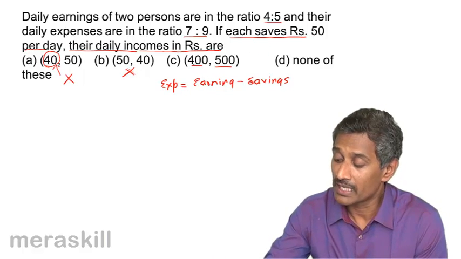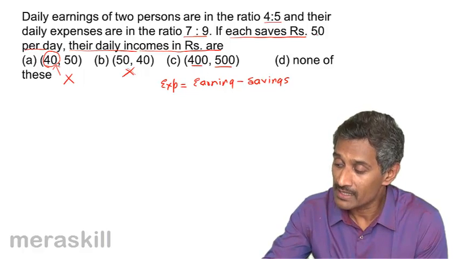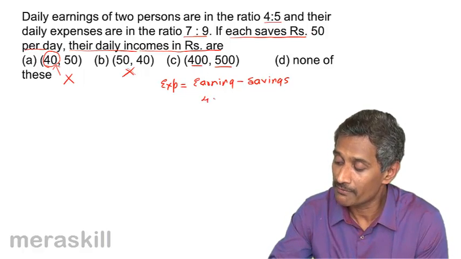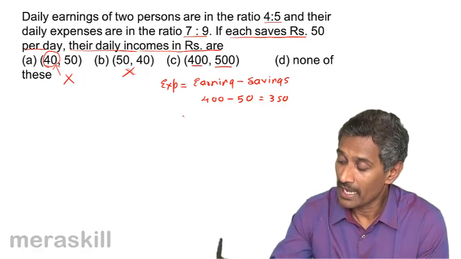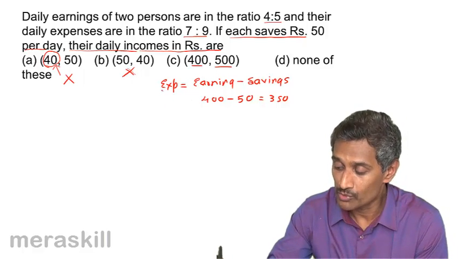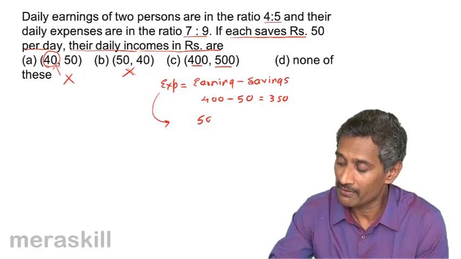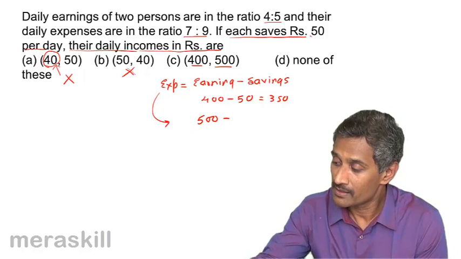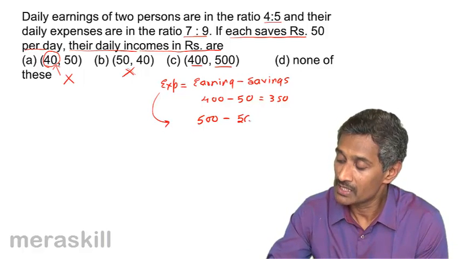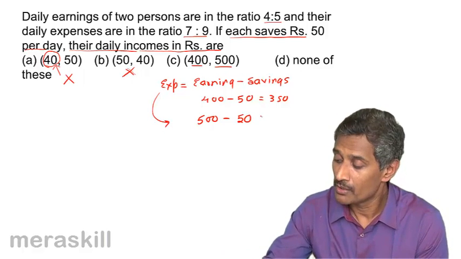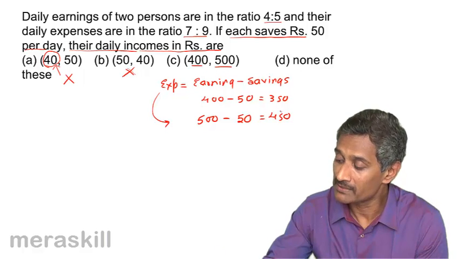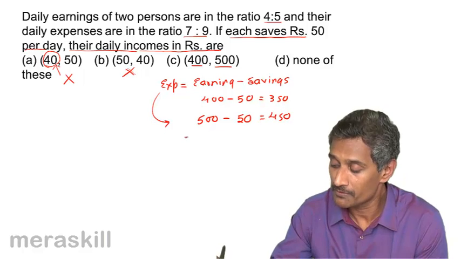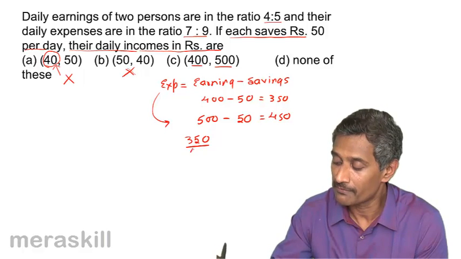Suppose in the first case, let's check this as the earnings and this as the savings. So we have 400 minus 50, which turns out to be 350. And the other option is the same. Using the same formula, it is 500 minus this 50, which turns out to be 450. So that means the ratio of the expenses is 350 by 450.